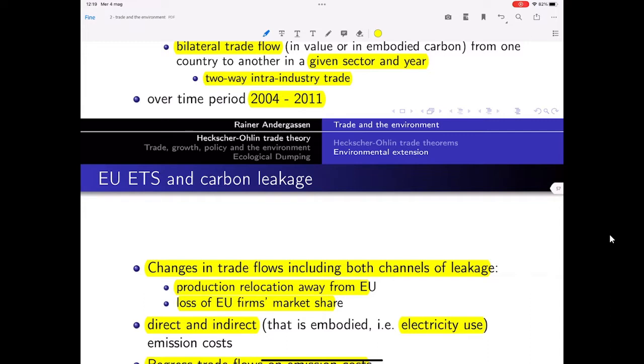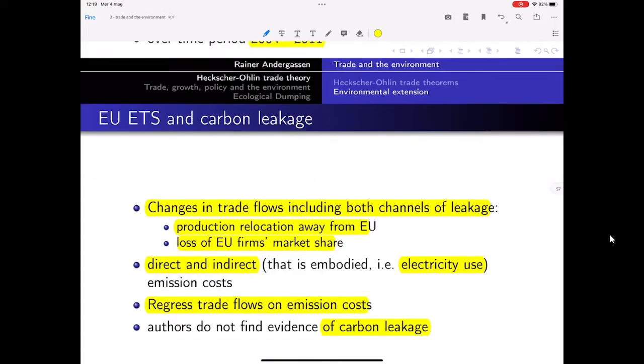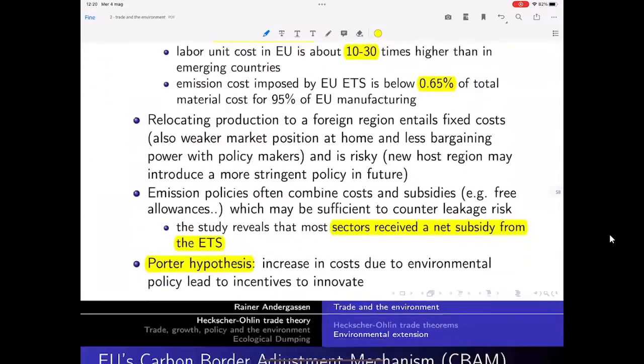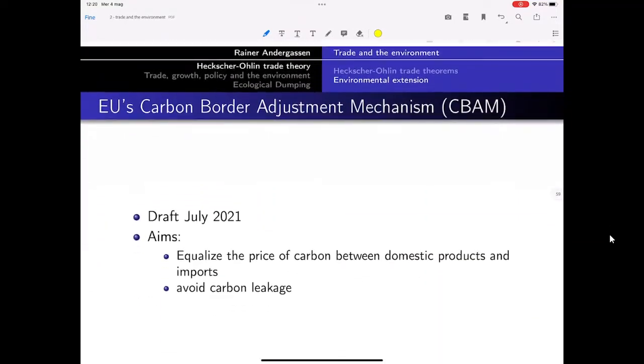Remember, the price was very low, first at the beginning because of excess supply of allowances, and then also because of the financial crisis in 2008, which also led to a collapse of the price for certificates. That's why there are problems for sure with the time period considered.